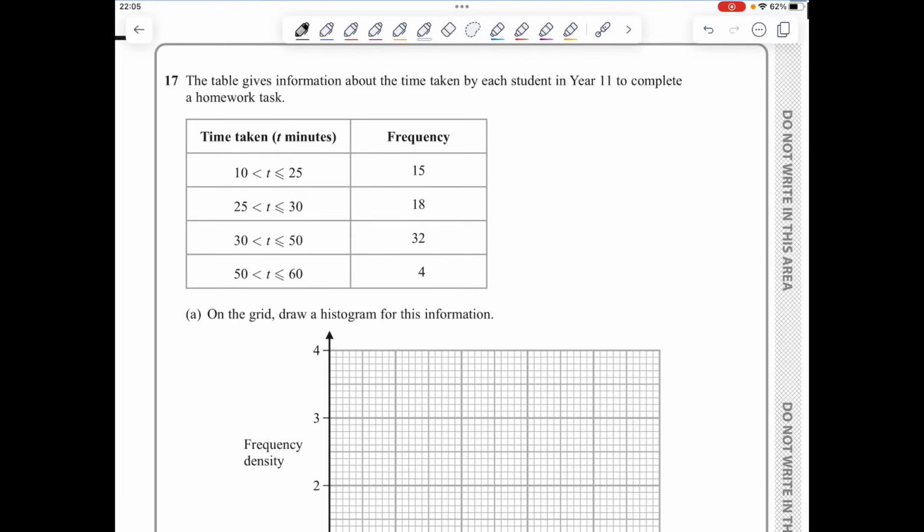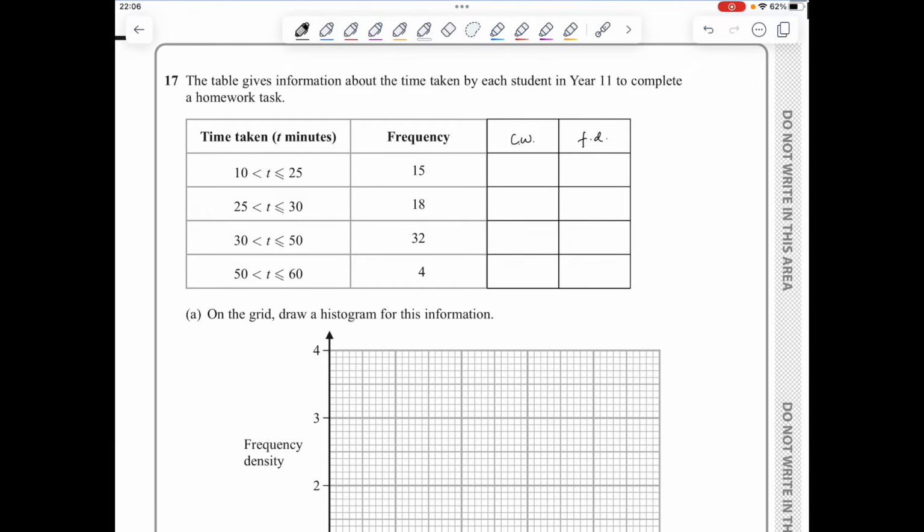For question 17, in order to draw the histogram, I'll need to find the class width and then the frequency density. So I will add 2 extra columns to my table. The class width is the difference between the upper bounds and the lower bounds of each category.